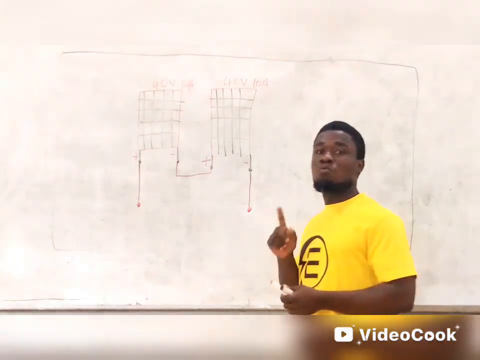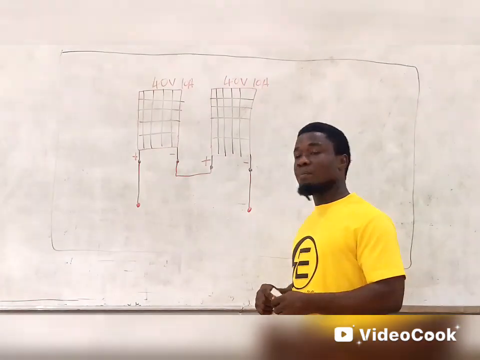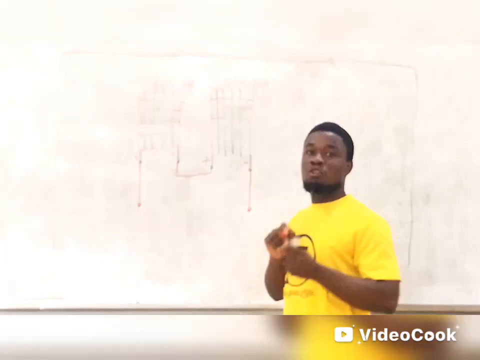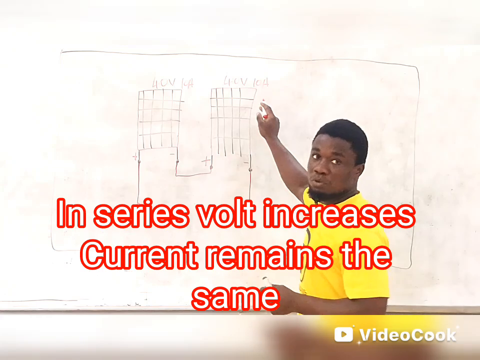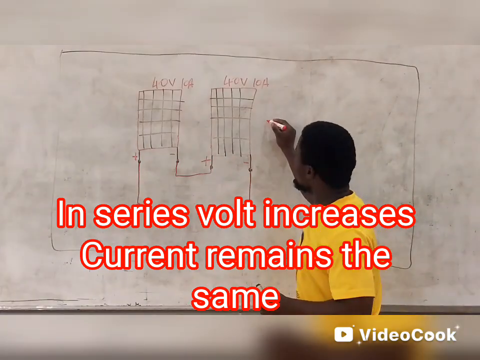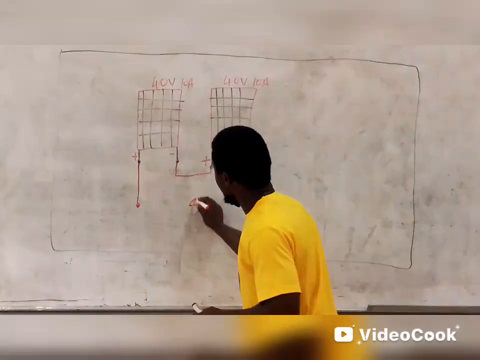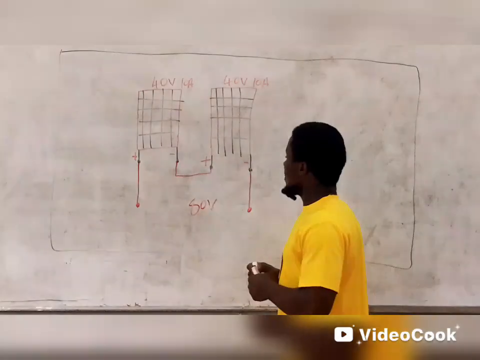But now, what happens to the volt and current? When you connect solar panels in series, the voltage adds up. Remember, it's 40 volts each. It becomes 80 volts, 40 plus 40, at the output.